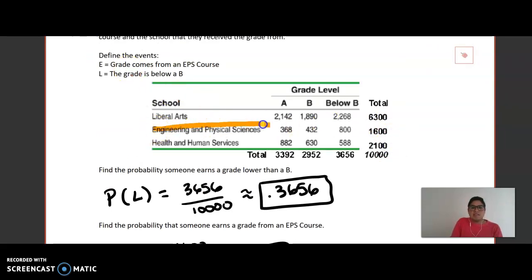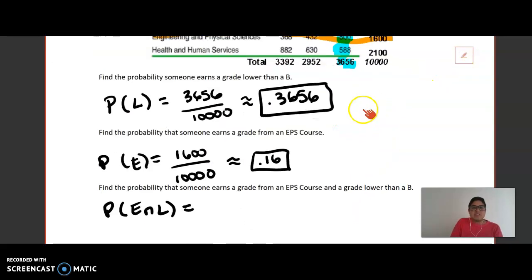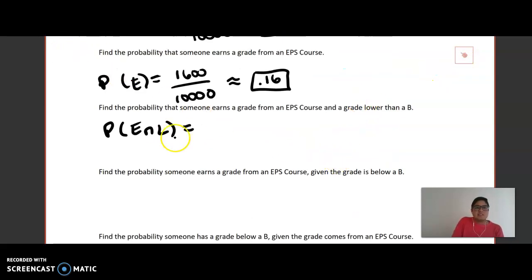Here's EPS and here is below a B. And it looks like their intersection there is going to be 800 out of the 10,000 students. So that's going to be 800 out of 10,000. Oh, one extra zero there. That's going to give me 0.08.